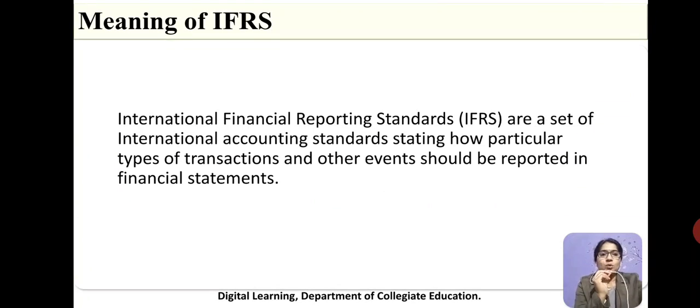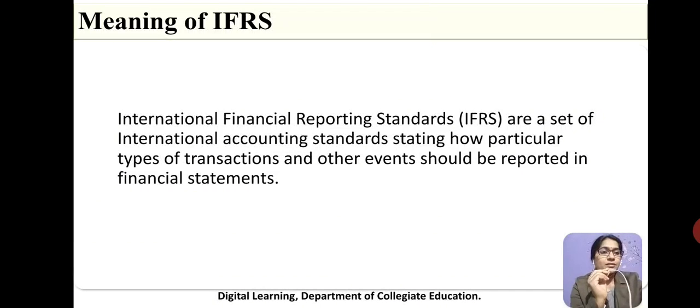Okay. So what is the meaning of IFRS? So IFRS are set of international accounting standards stating how particular types of transactions and other events should be reported in financial statements. As I told, it is much similar to your accounting standards.